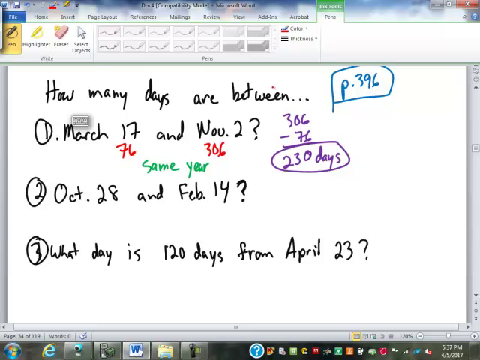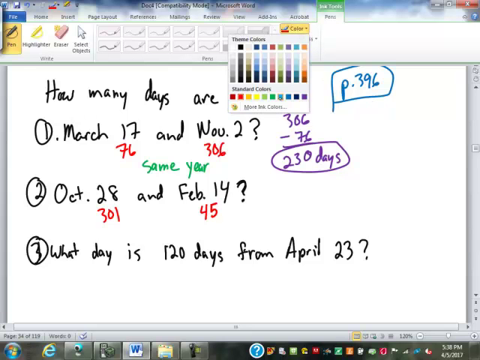Now for the next one, what day of the year is October 28th? 301. And February 14th? It's 45. Now these are not in the same year. These are in different years.